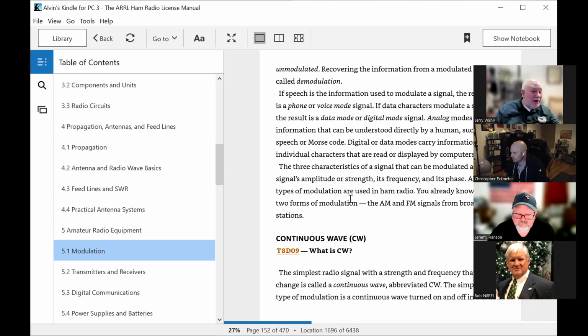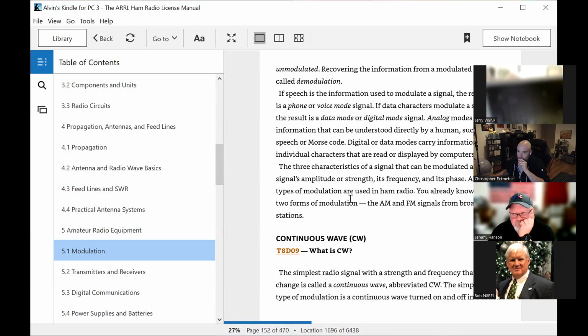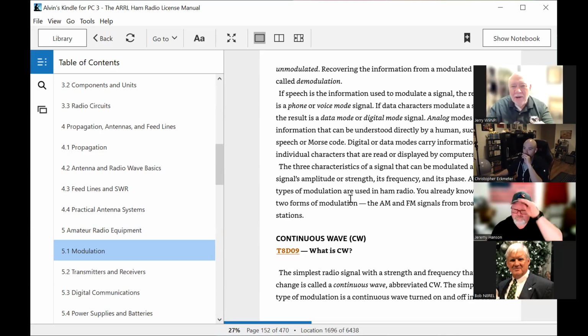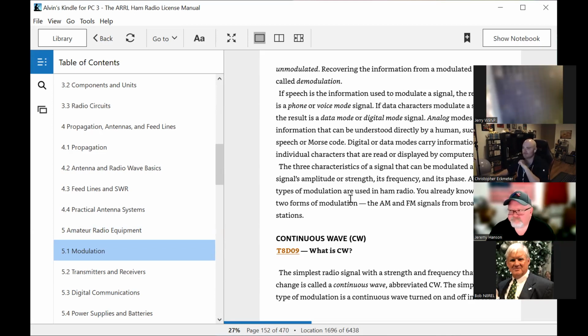For instance, the easiest way is to make that radio signal, that carrier that's just sitting there, you can turn it on and off. For instance, let's get some volume. Oh, battery's gone. Hear that, anyone? No? Oh, well.